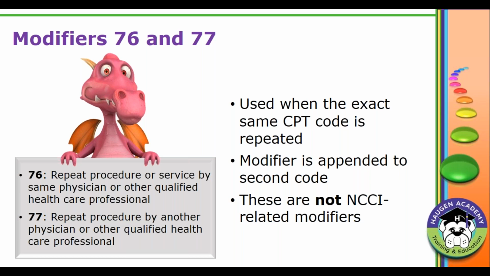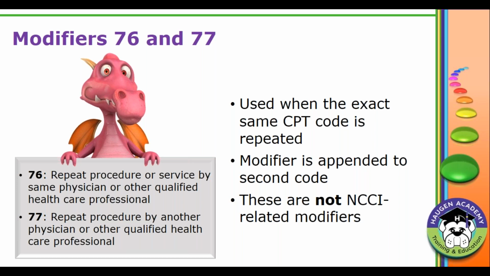Modifier 76 is repeat procedure by the same physician. 77 is repeat procedure by another physician. And these modifiers are used when you repeat the exact same CPT code. If we go back to one of those initial slides, according to the Medicare Claims Processing Manual, one of the indications for using a modifier is to prevent the appearance of duplicate billing.